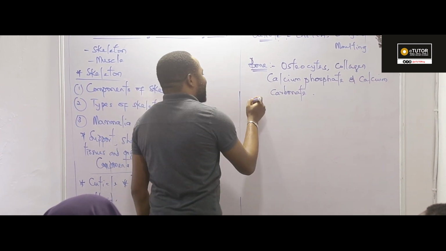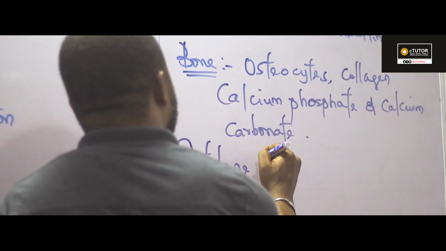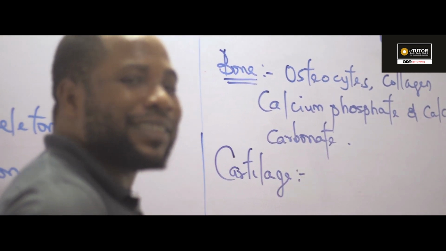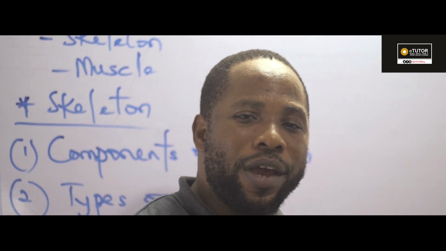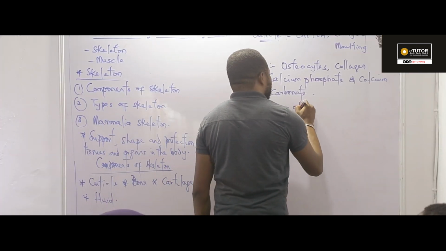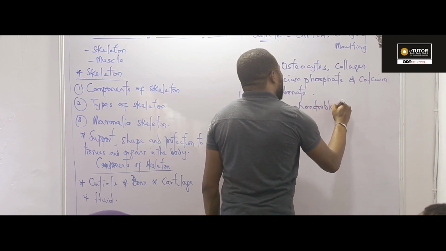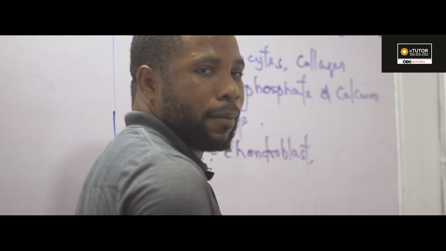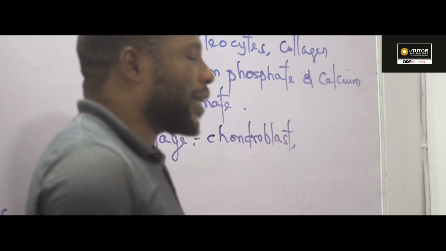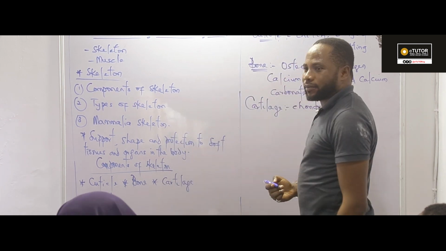Number 3, cartilage. Cartilage is another form of skeleton which consists of living cells called chondroblasts, a carbohydrate substance, and a protein fiber.